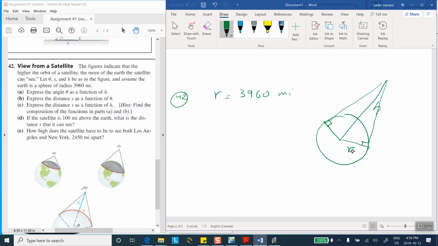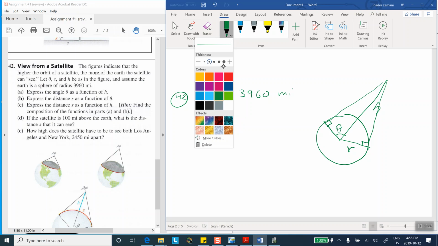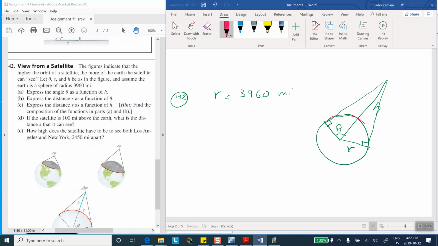So this is R. This angle is theta, same as the other one, of course. And there is the arc length here that is drawn in red for you. This is S.